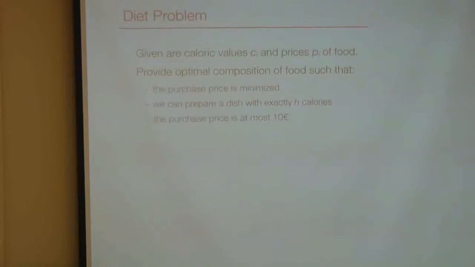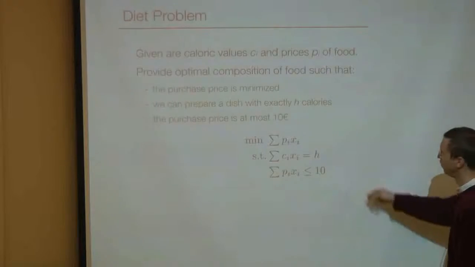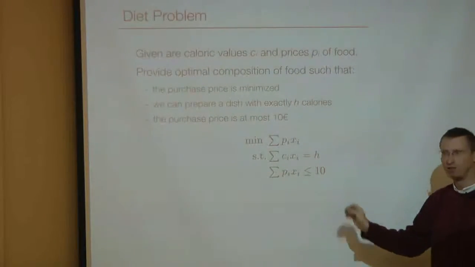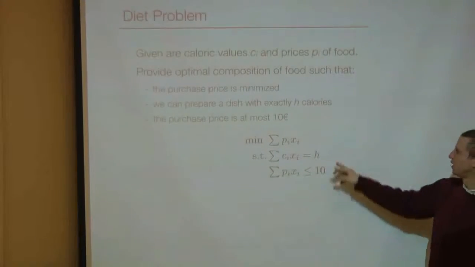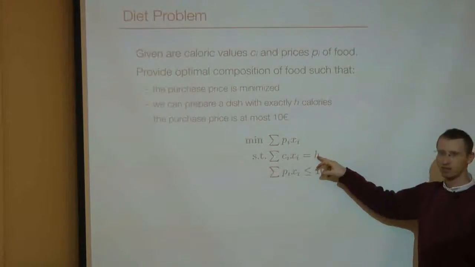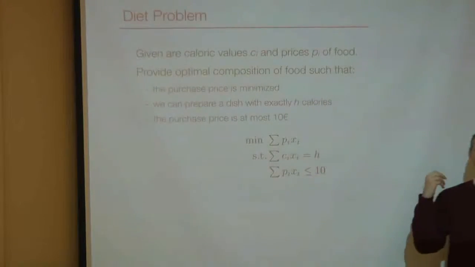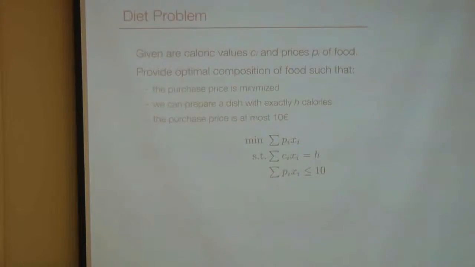Now you have different food, and you would like to find the optimal composition of your final dish. So this is the function that we would like to minimize: the total purchase price, the individual price times the amount of food that we are buying, such that the total calorie value as an equality constraint is satisfied, and the inequality constraint says don't spend more than 10 euro.